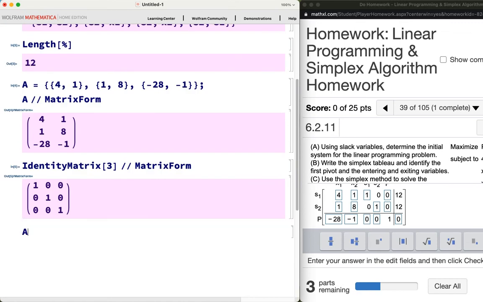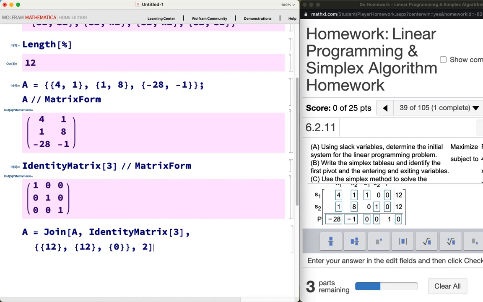All right, so my new A, I'm going to join some matrices here. Identity matrix 3. And then that last column of 12, 12, 0. Oh, wait a second, sorry. I need to put the number 2.